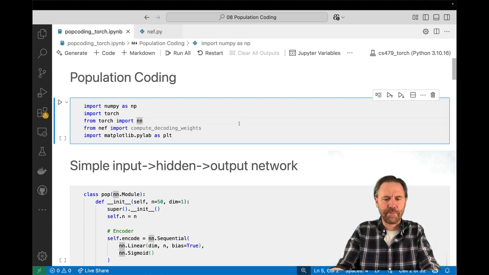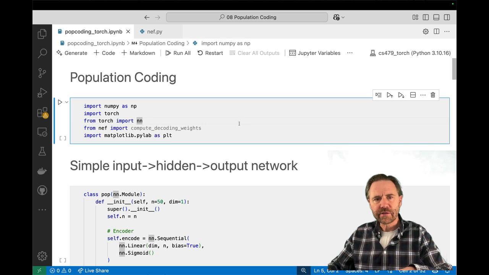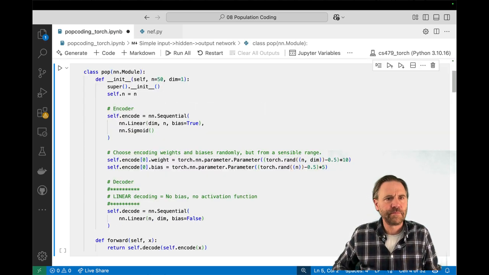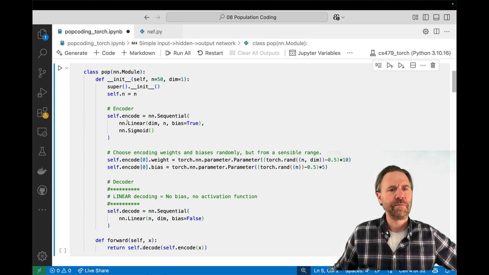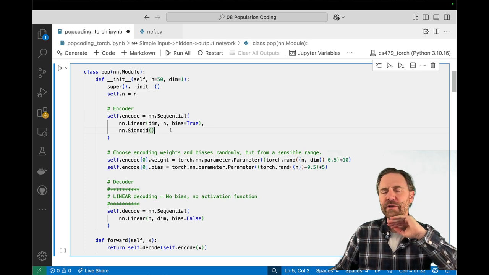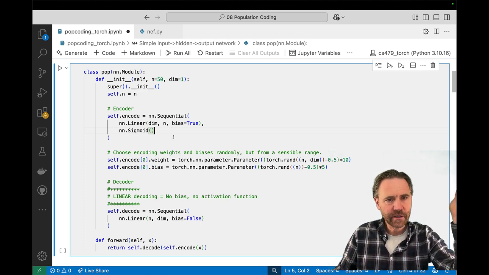Here I've got a bunch of Python code that demonstrates these sorts of ideas. So here I've basically got a single layer. It's basically linear, and the activation function in the hidden layer is just logistic.